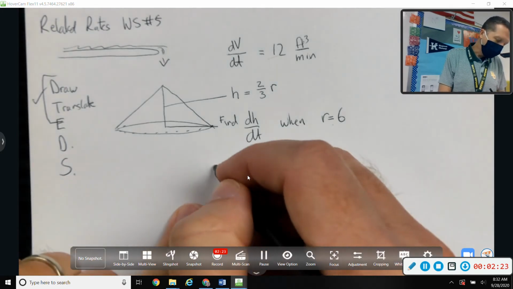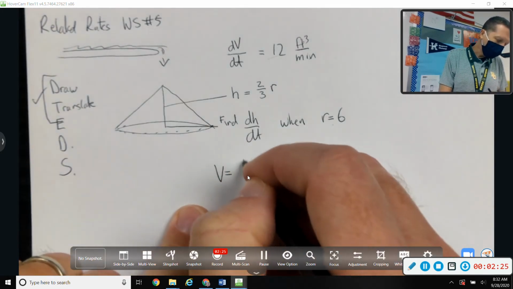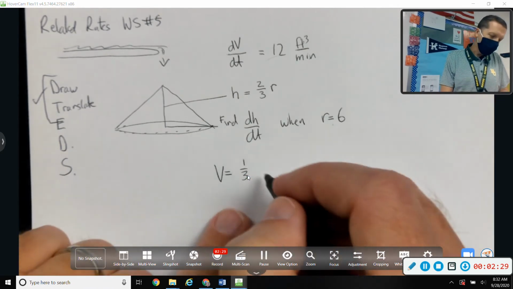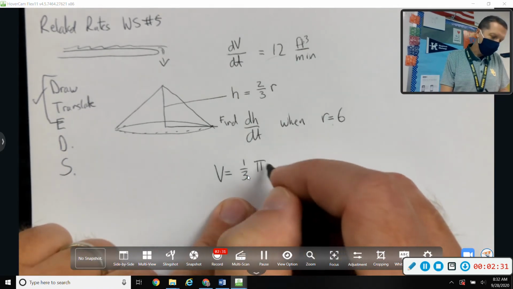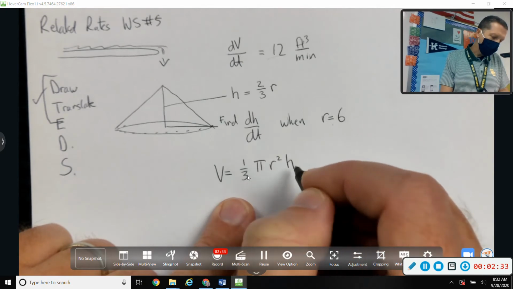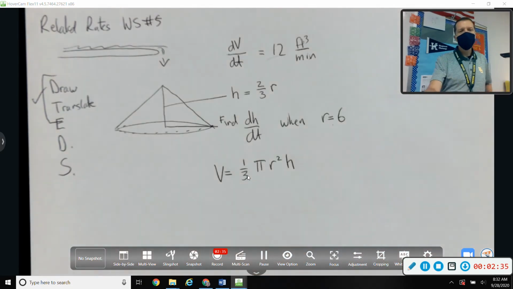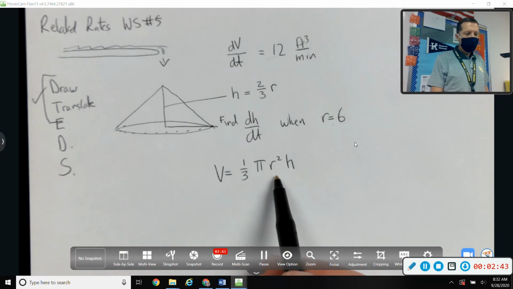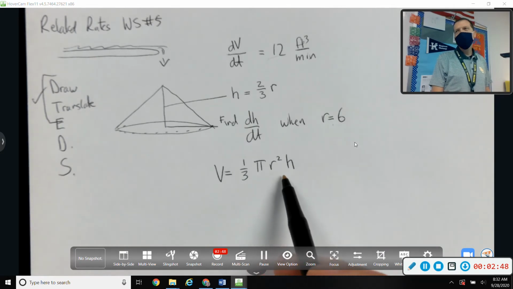All right, volume of a cone, which we would give you if you need it. Which I already told you will need it. So volume of a cone is 1/3 pi r squared h. That's accurate. If I take a derivative now, what rule am I going to have to use?